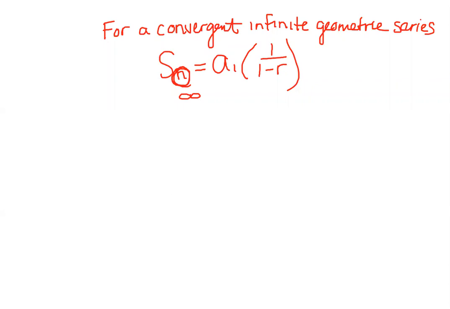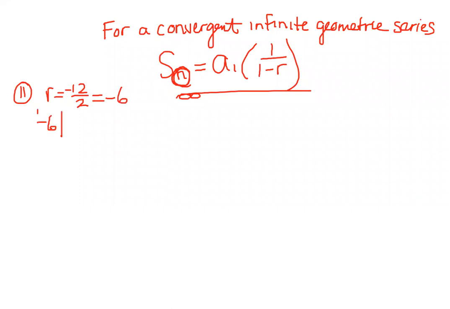So let's look at these examples. The first thing we're going to do is say whether it's convergent or divergent. And then if it's convergent, we're going to use this formula to find what it converges to. If it's divergent, then we're done. They're all geometric, so we don't have to check. The first thing we have to do is find r. For number 11, r equals -12 over 2, which is -6.